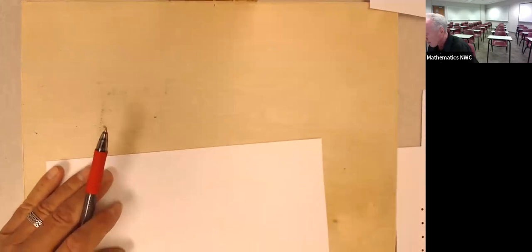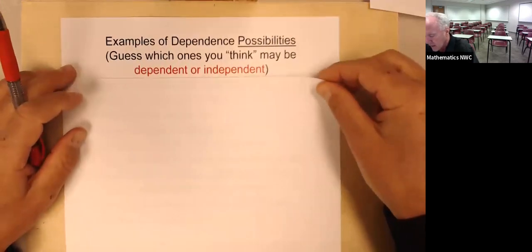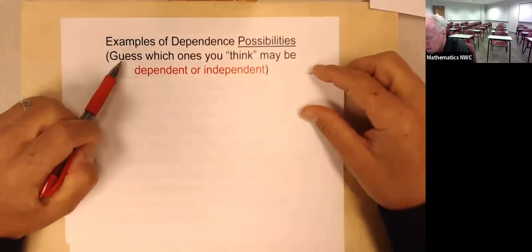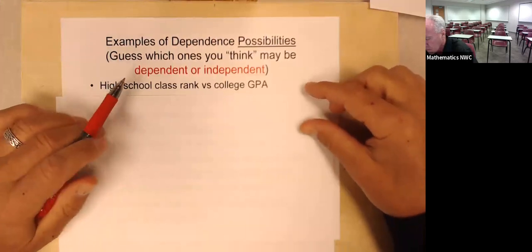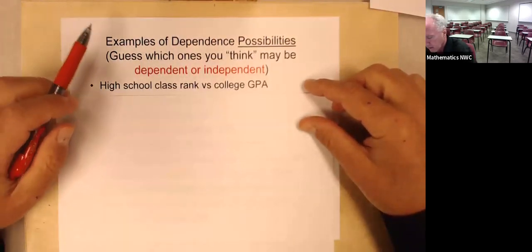To help you understand what we mean by that, I would like you to guess on the following sets to see if you think they would be dependent or independent. We're just guessing here now. Just test your instincts. Do you think high school class rank and college GPA are related?